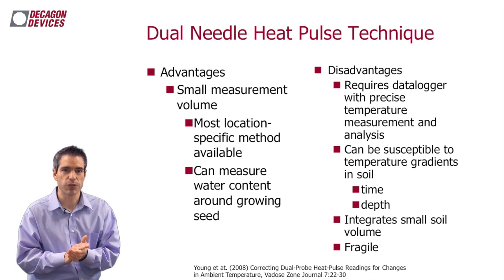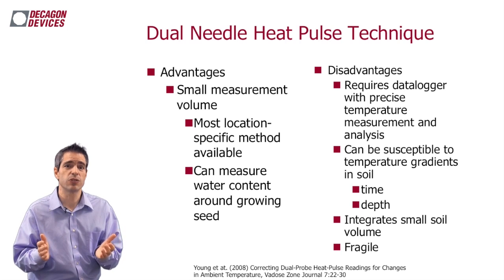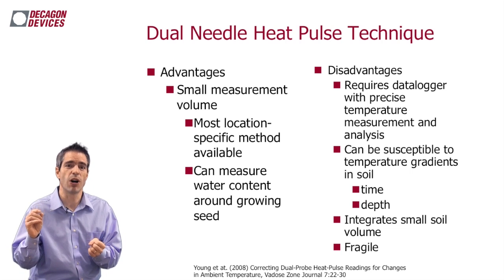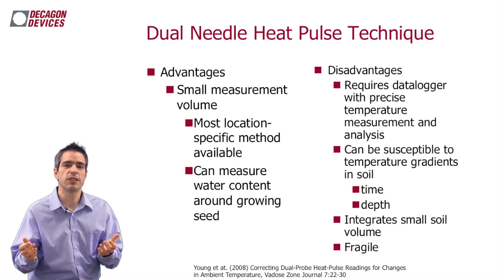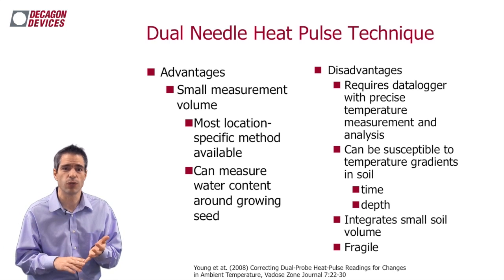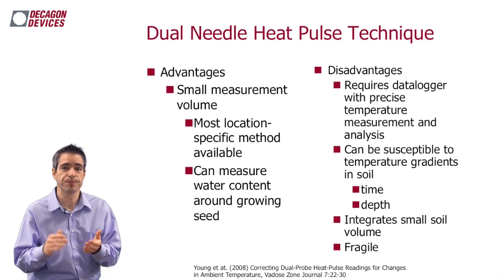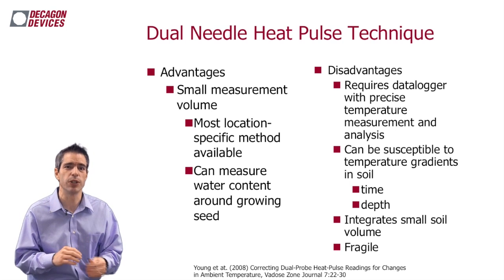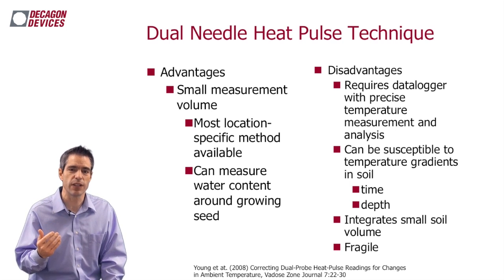And that's absolutely true. But there are some cases where we'd really like to know the soil moisture in very small volumes. Think of a desert crust where we're trying to figure out whether or not there's water available or water present in that crust that might be useful for growth of some kind of organisms. Well, these would be the only probe that you could use to measure that desert crust.